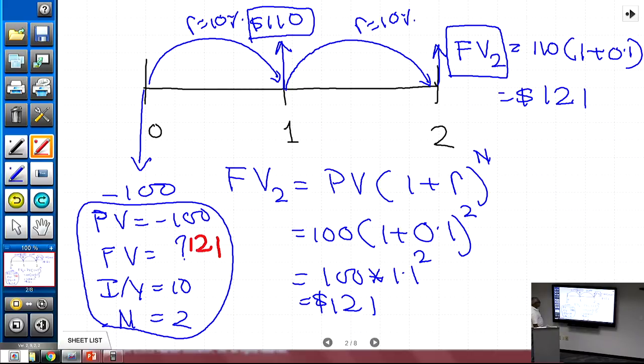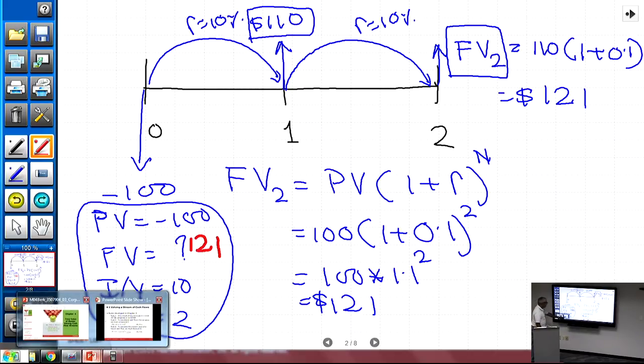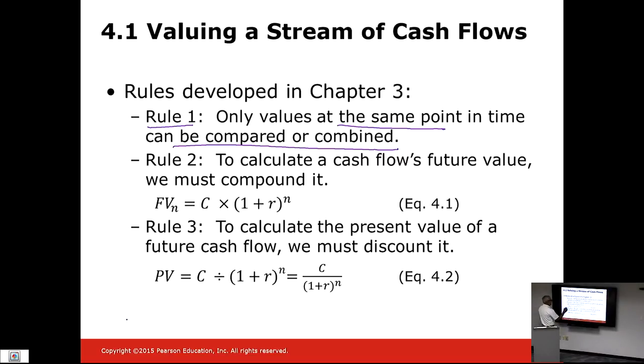So that's using the calculator for a 2-period model, and that we have captured in this formula, that future value at any period n is C, or the present value, times 1 plus r to the power n. And now we can also convert this into present value. So present value would be the cash flow at period n.